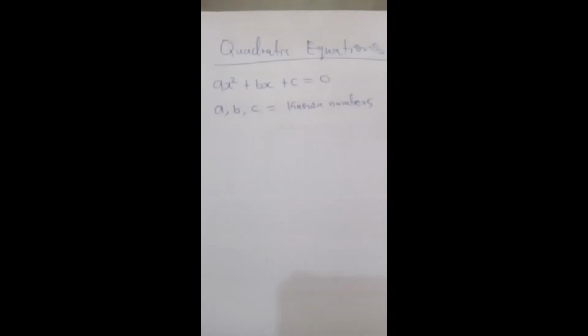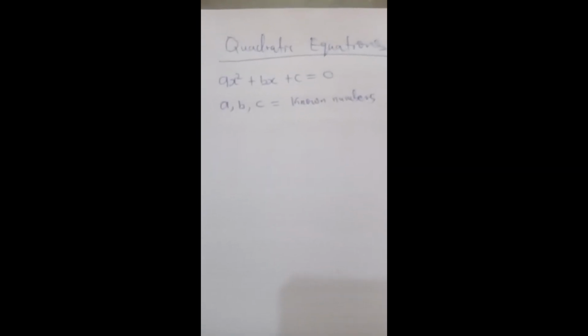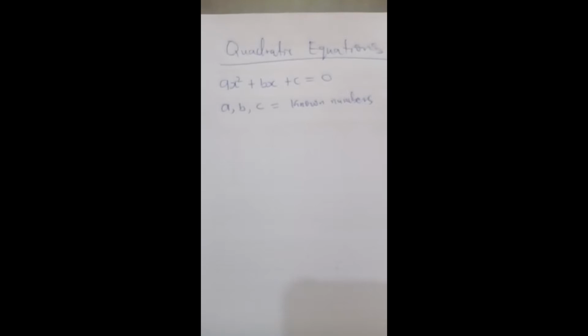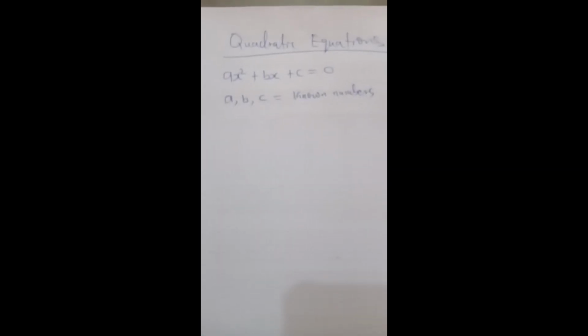So today I will be discussing quadratic equations. The typical representation of a quadratic equation is as you see. It is ax squared plus bx plus c equal to 0, where a, b, and c are known numbers. Now, there are several ways by which quadratic equations can be solved.